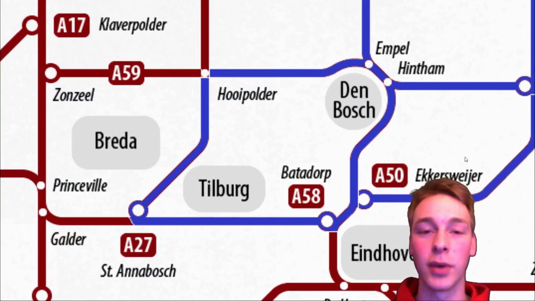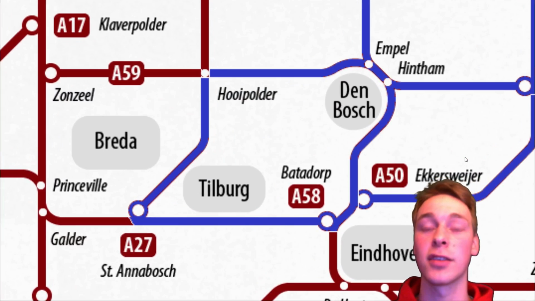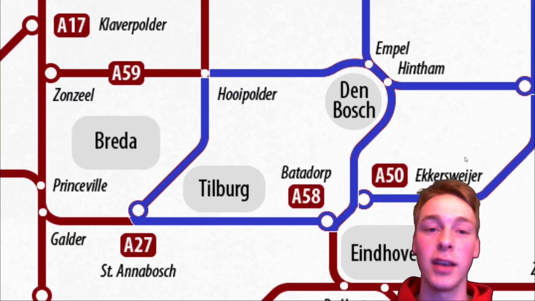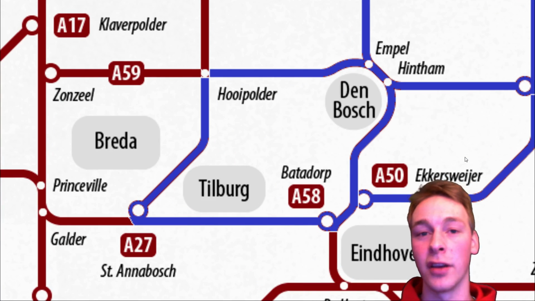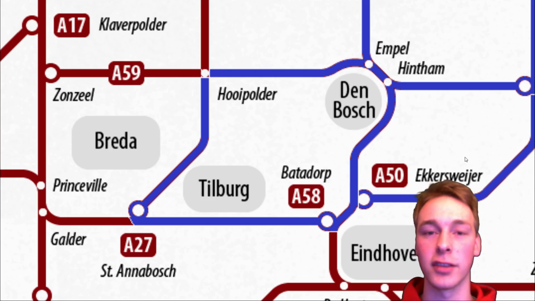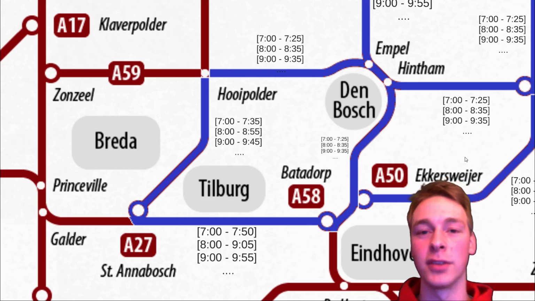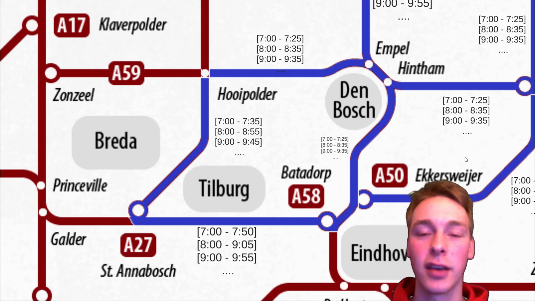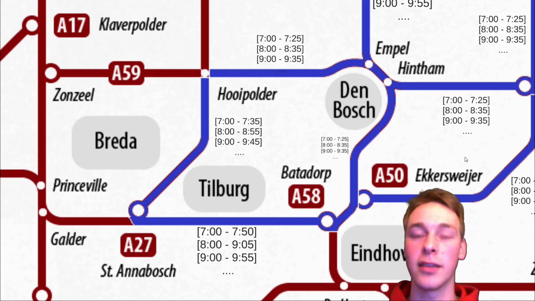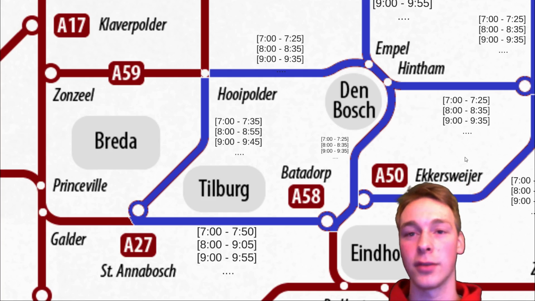If we look at this more closely, we can see that the nodes are the intersections of the highway, and the edges are the highways between these intersections. And if we add a time label to it, we can see how long it takes to get from one intersection to the other, and then from that intersection to another.